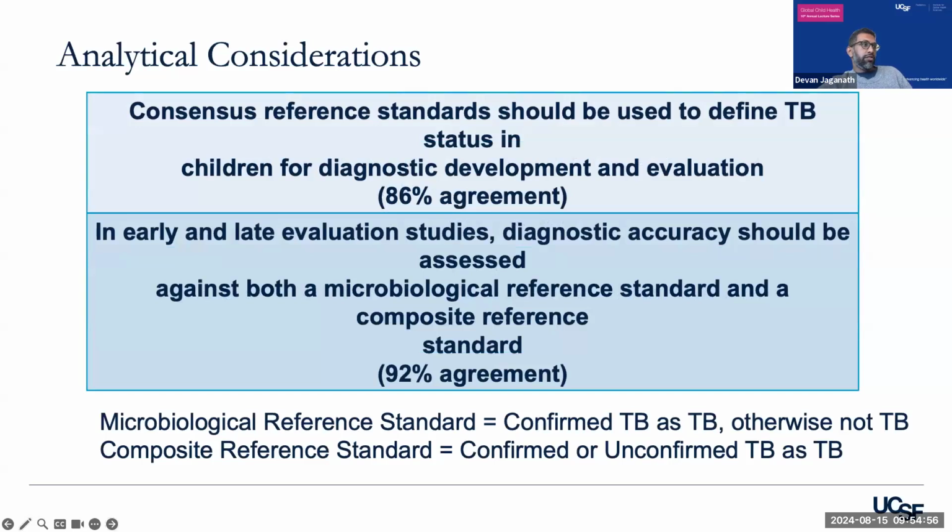We should be using clear reference standards based on our consensus definitions. And this is where including those clinically diagnosed unconfirmed children, in either a microbiological or a composite reference standard, is important, because they really represent the bulk of the TB disease in children.